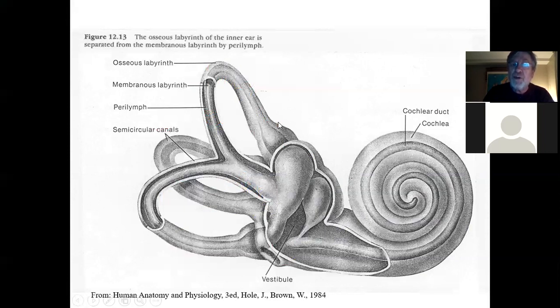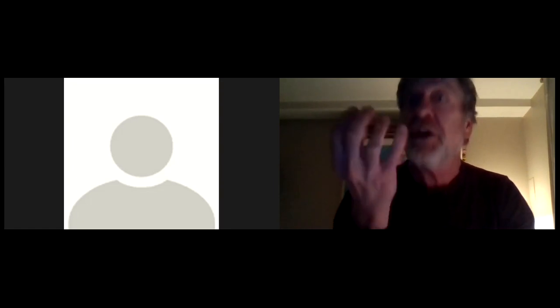Bony labyrinth is the outer edge. This outer edge. It's the hole that's dug in the bone. The bony labyrinth is like someone took an auger and just drilled a cave or drilled a labyrinth into the rock. Okay? Dug a tunnel around.